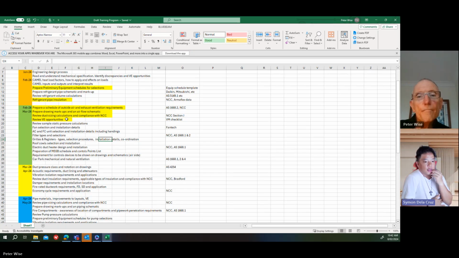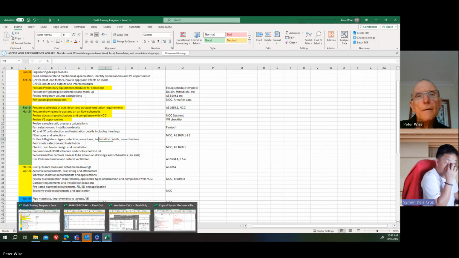Because there's a noise rating requirement on each type of space, like office, the higher the velocity, I think the noisier. So the velocity will depend on the type of space, the main ductwork and branch. Yeah, that's correct. Okay. And value engineering, I don't know whether you've done much on that.